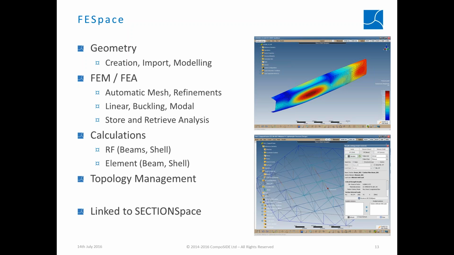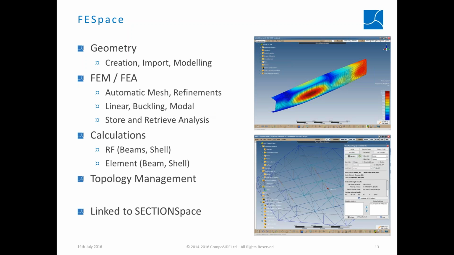And the solver works for linear, buckling, and modal analysis. All the calculations are sent to CompoSIDE servers, which allows the computational time to be reduced to just a few seconds, and then all securely stored. So whenever you open a model, you have a list of all the analyses that you've decided to keep in the same folder.